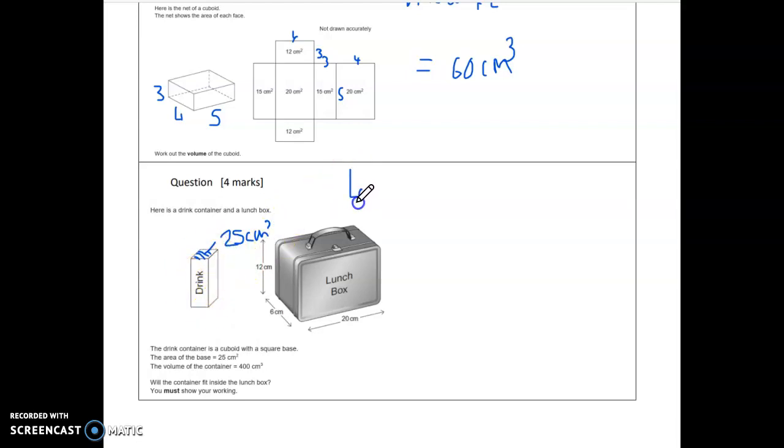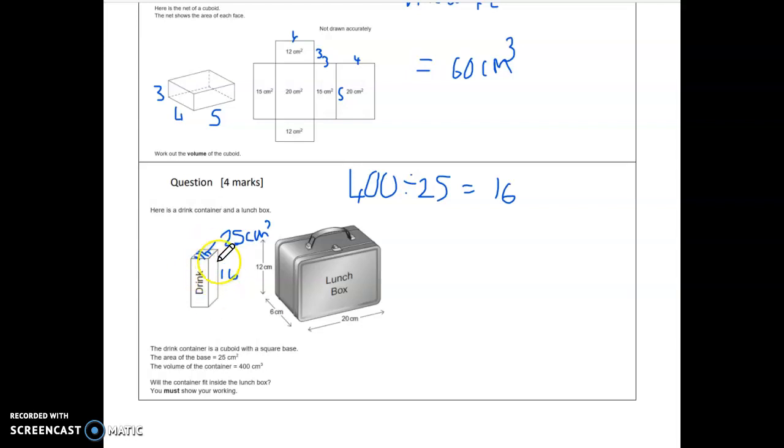So what we'll do is we'll do 400 shared by 25. That gives us 16. Right, so it's got a height there of 16 centimeters.